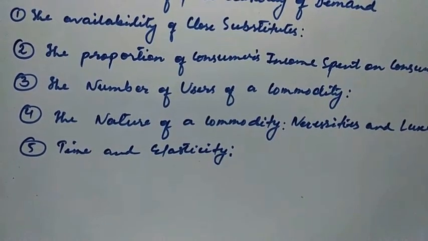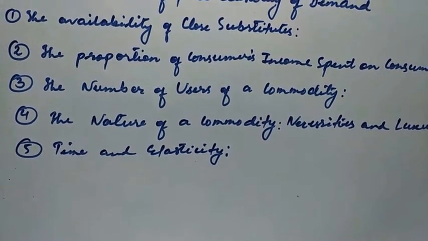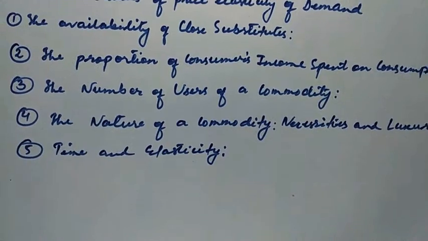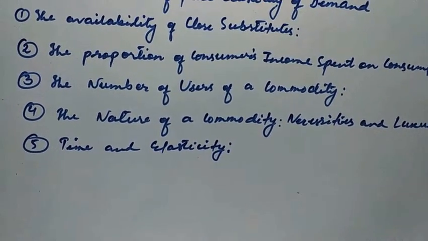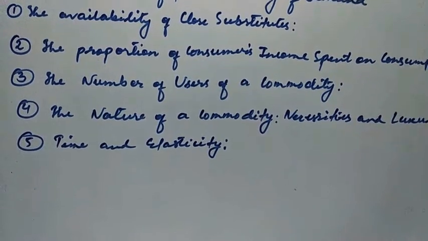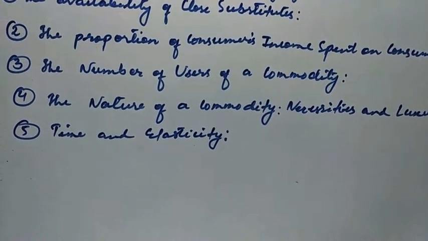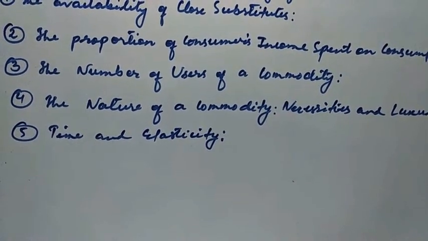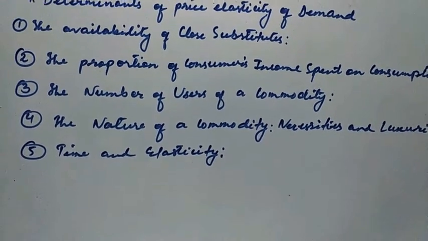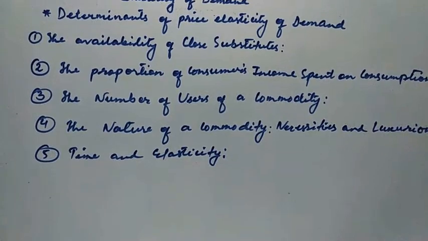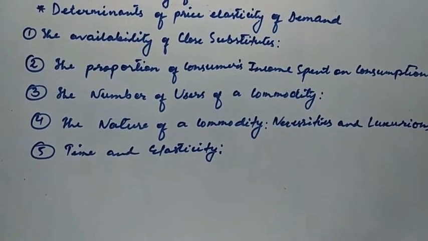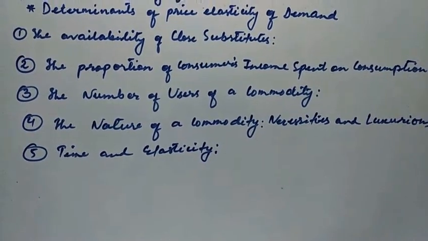In the short run, what happens? When business firms find that the price of a certain material has risen, it may not be immediately possible for them to substitute that material with some other relatively cheaper ones. So in the short run, it is very difficult to change things. So demand is inelastic in the short run.